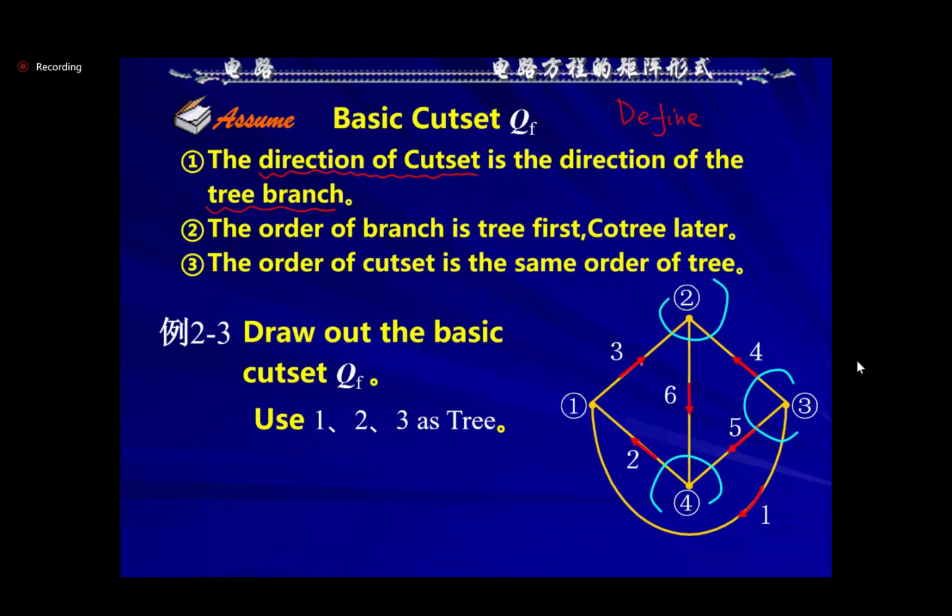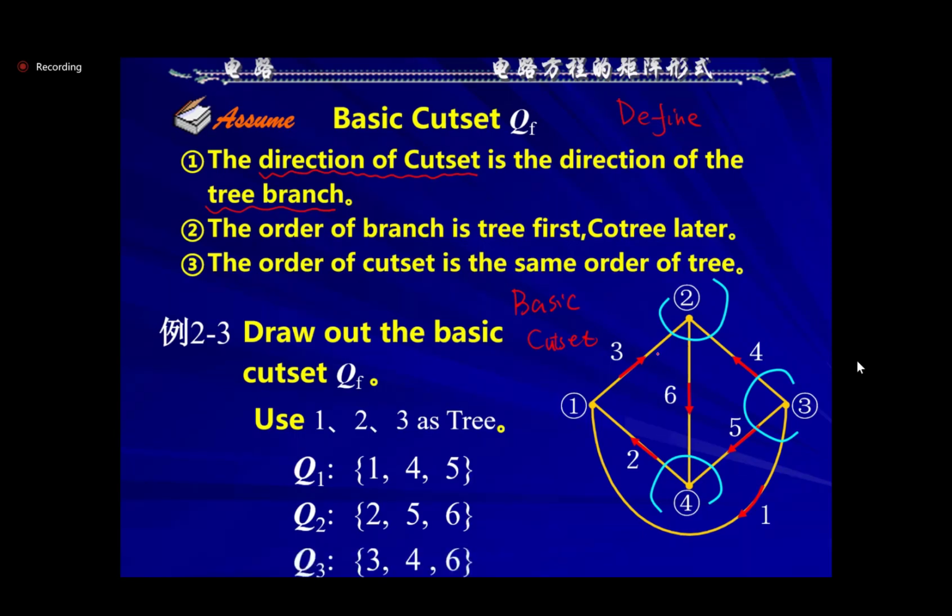So the basic cutset is one tree cutset. For tree 1, 1, 4, 5 is a cutset. For tree 2, 2, 5, 6 is a cutset.